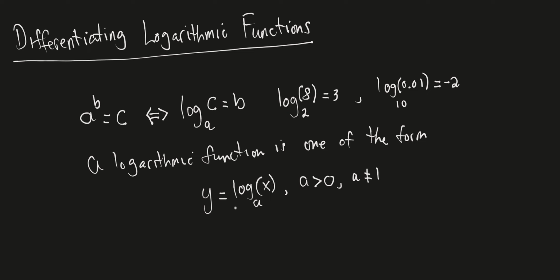Our goal is to be able to differentiate these functions, and we're going to start with arguably the most important logarithmic function, the one where our base is the number e.